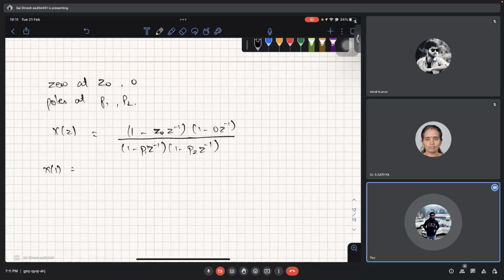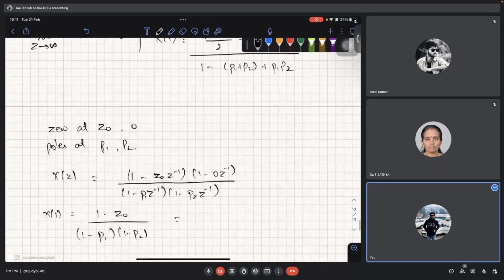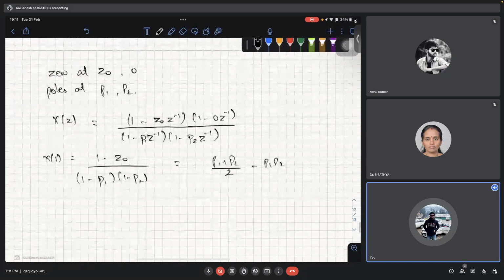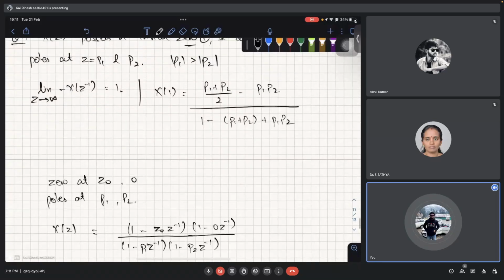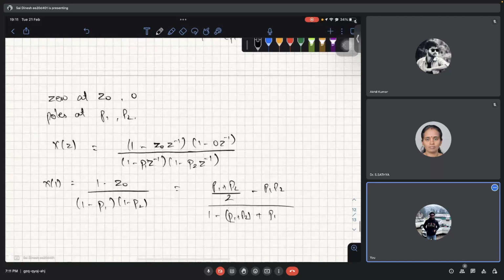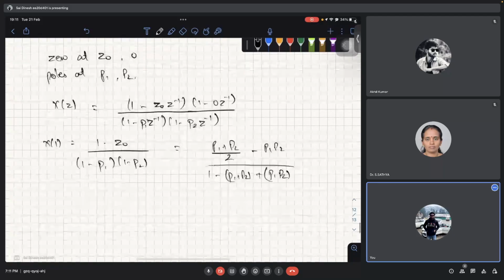If we put 1, x of 1 is 1 minus z0 by 1 minus p1 into 1 minus p2. But for this, what he has given is p1 plus p2 by 2 minus p1 p2 by 1 minus p1 plus p2 plus p1 p2. This is what he has told.